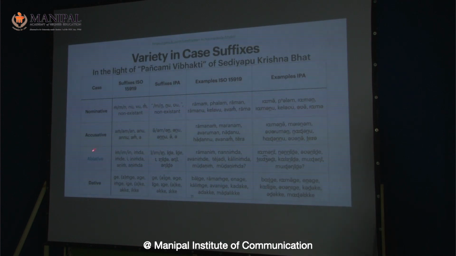So they don't say first case, second case, third case. They say nominative and accusative, which is Karma Karaka. Nominative is of course Kartru. And ablative is the Apadana Karaka. Ablative basically has the same meaning as Apadana. And dative is the Chaturthi, of course.